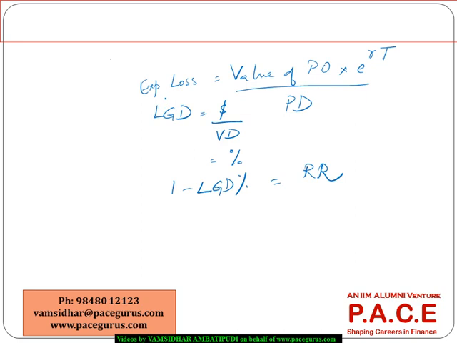For firms with generally high leverage, this model can result in probability of default being very low and recovery rate being very high. But in reality, a firm with high leverage should have a much higher probability of default and a much lower recovery rate.